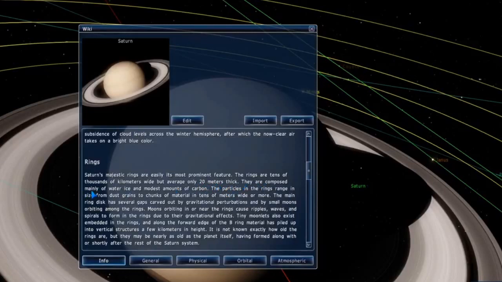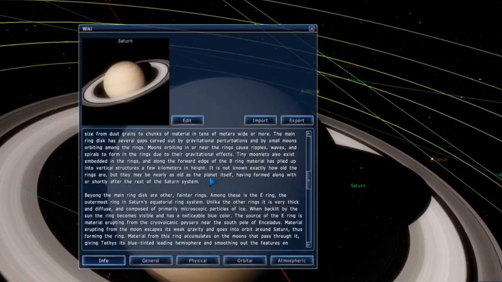Okay, it's meters. They are composed mainly of water ice and modest amounts of carbon. The particles in the rings range in size from dust grains to chunks of material tens of meters wide or more. The main ring disk has several gaps carved out by gravitational perturbations and by small moons orbiting around the rings.